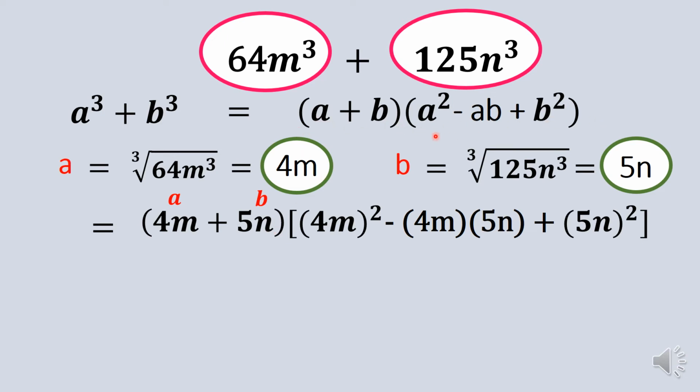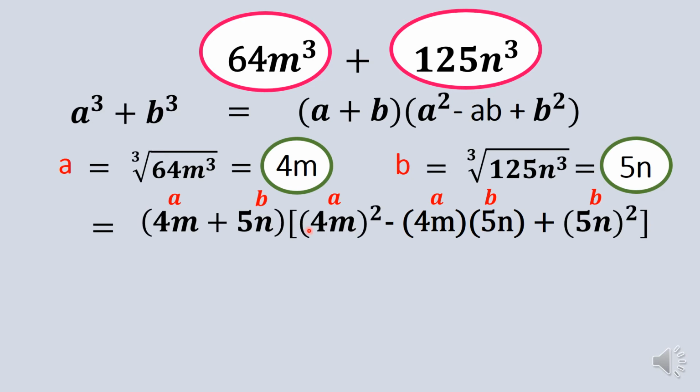So, you have a squared. So, kapag sinubstitute natin, you have quantity 4m squared minus a, which is 4m ulit. Then, yung b natin dito, which is 5n, plus, substitute mo yung b natin dito, which is 5n. Ito na siya. So, you have quantity 5n squared.